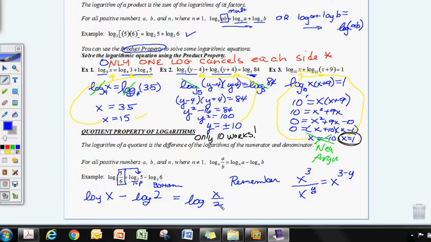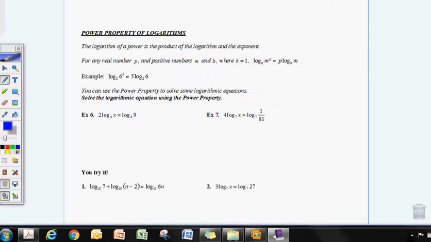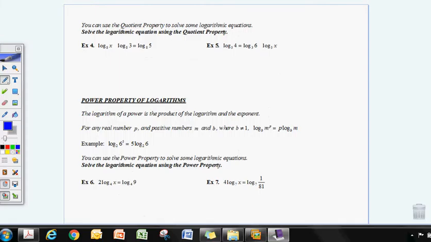Okay, so again, forwards, backwards, because now we're going to zoom up to the next page, and as we do that, you are going to see that it wants you to use a quotient property. That's what we just talked about in the previous page.